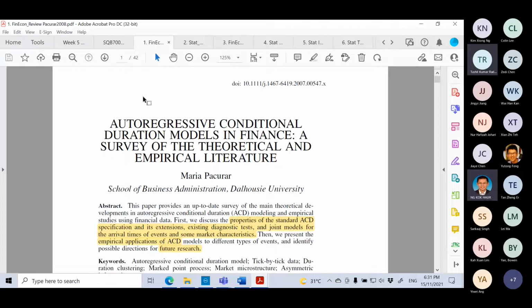If you are working on this particular area, the autoregressive conditional duration model, which is applied in finance, they provide many of the theoretical models, and the theoretical formulation of the models is discussed here.